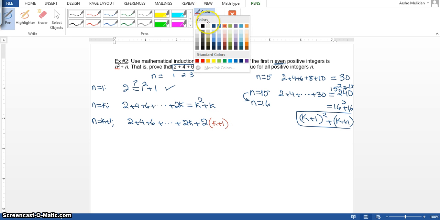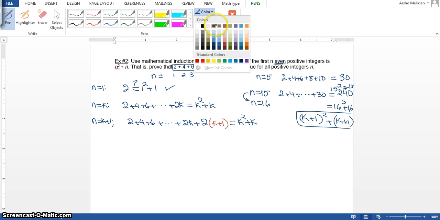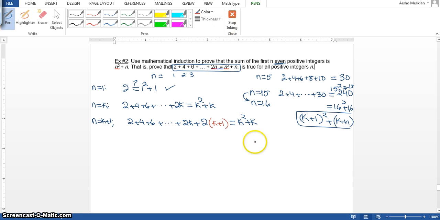Do we do 2k plus 1, or is it just 2k plus 2? All right, now this is going to equal k squared plus k, and just like we did for the previous case, we're going to add the new term here, basically balancing the equation.